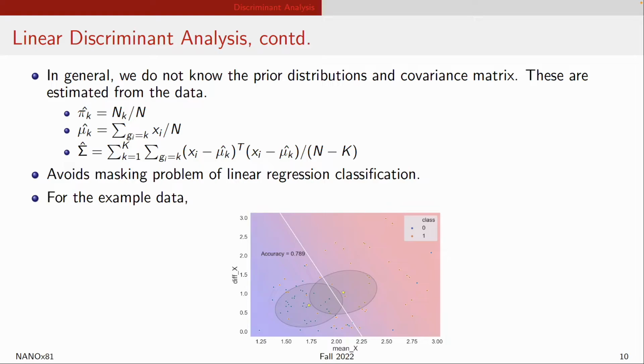This is the mean of being in class 0, and this is the mean of being in class 1, and the decision boundary is given by the white line over here. This is the result of fitting a linear discriminant analysis to this data.